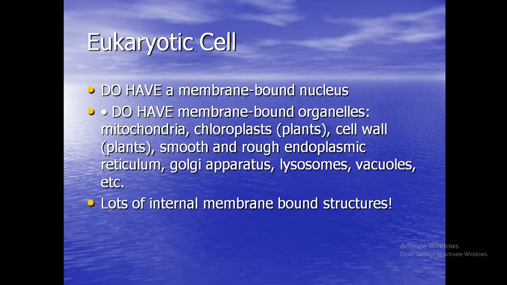So here they have a membrane bound nucleus. All organelles which are seen in the eukaryotic cell are also bounded by membranes. Either it may be mitochondria, endoplasmic reticulum, Golgi apparatus, lysosome, vacuole, whatever the things you name, the living things in the cell, they are all membrane bound, either in plant or animal.